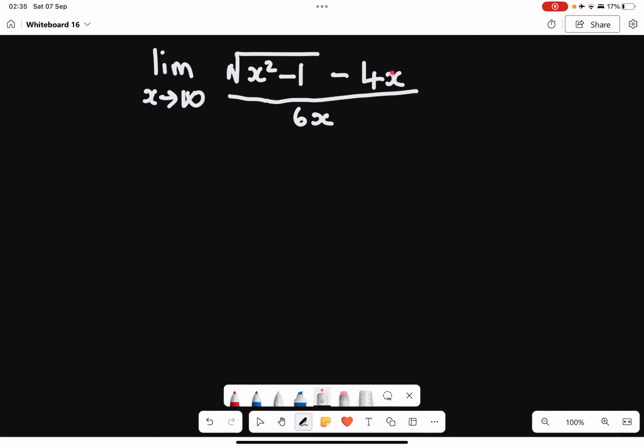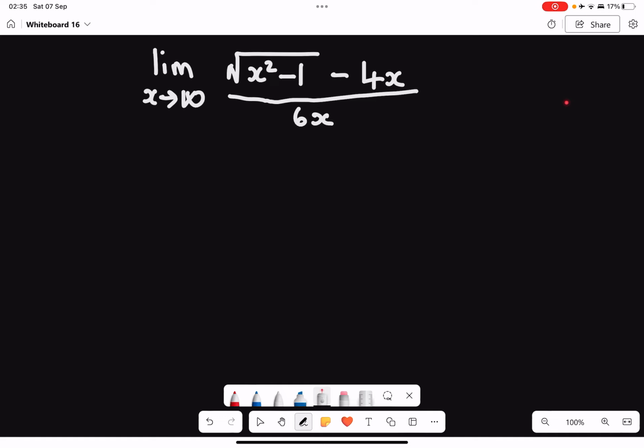So in this case, I have negative infinity over positive infinity, which is basically the indeterminate form of infinity over infinity. That given, I can basically apply L'Hopital's rule.